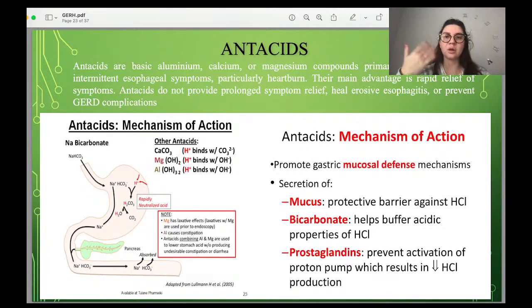It's just the local action. One more time, mechanism. They promote gastric mucosal defense mechanisms, and they affect secretion of mucus with a protective barrier against acid, secretion of bicarbonate that helps buffer acidic properties, and prostaglandins that prevent activation of the proton pump, which results in decreasing acid production.